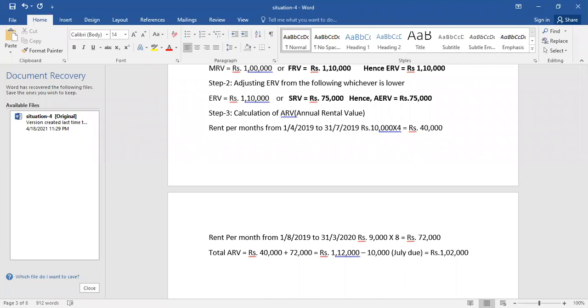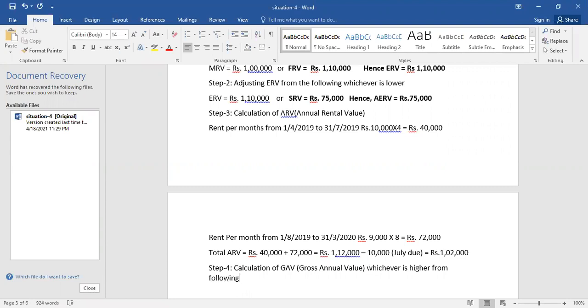Okay. Now you have to calculate step 4. Step 4 is calculation of GAV, gross annual value, whichever is higher from following.